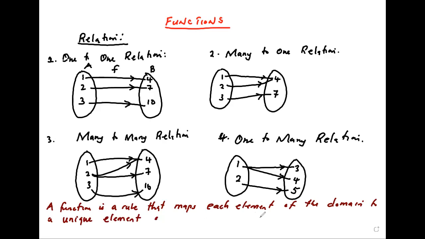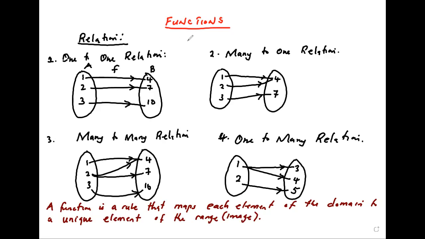So now, out of all these 4 relations, by definition, a function is a rule that maps each element of the domain to a unique element of the range, or the image.